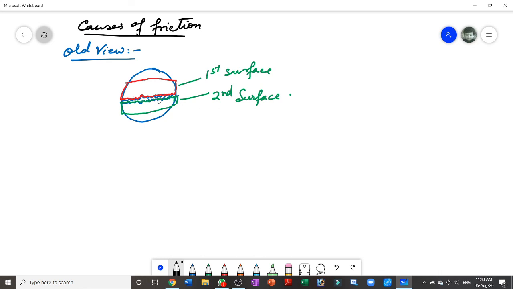Though we cannot see it with the naked eye, if we enlarge the view through a microscope, we can find this type of roughness which will cause friction.